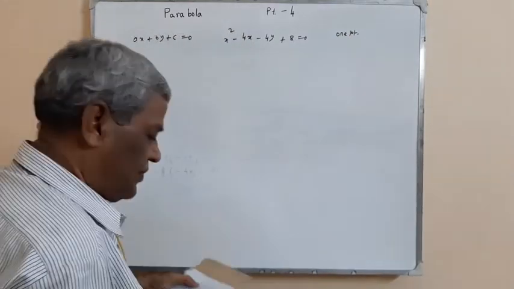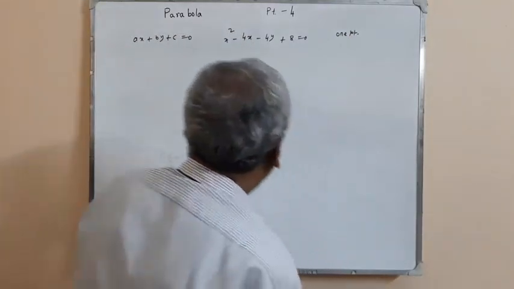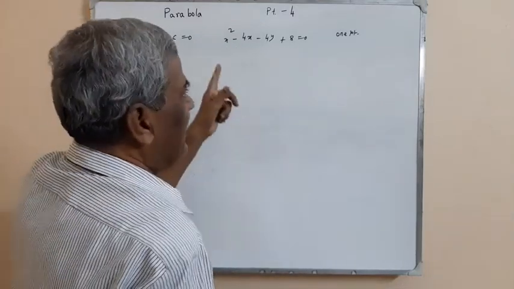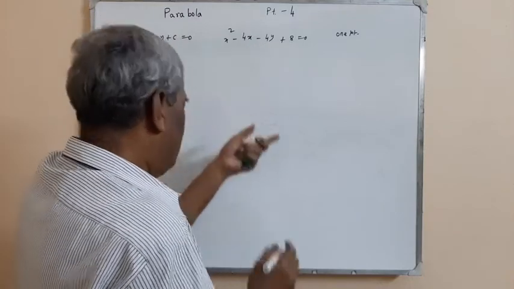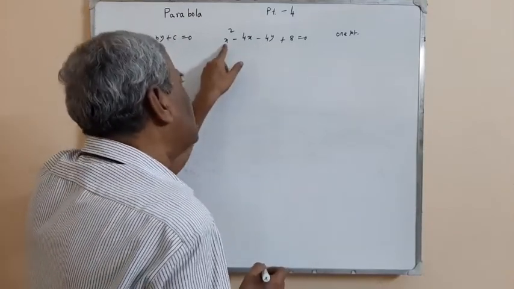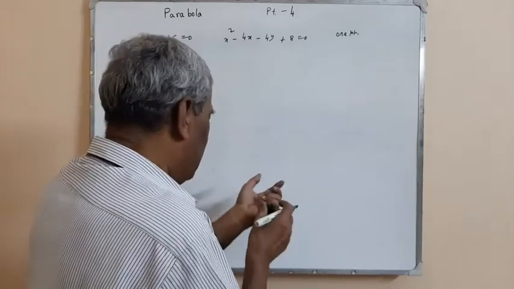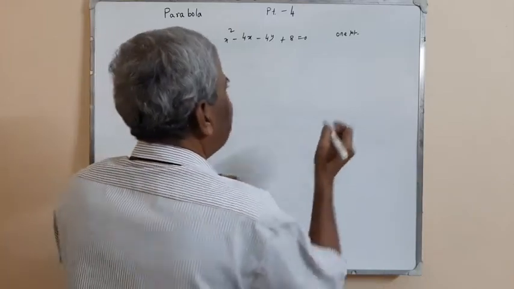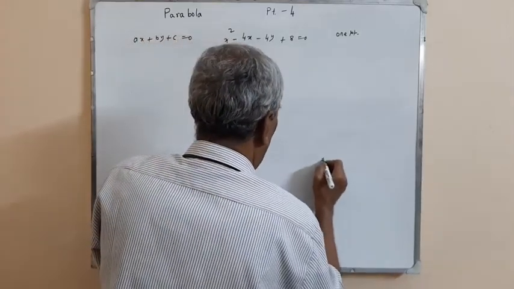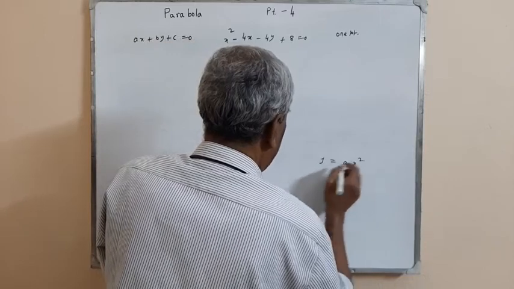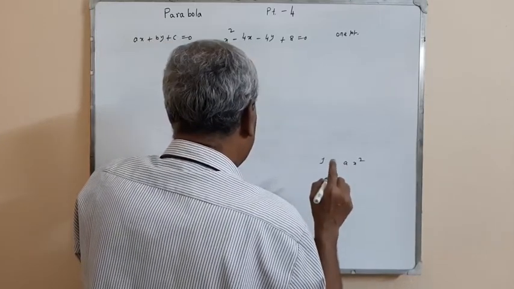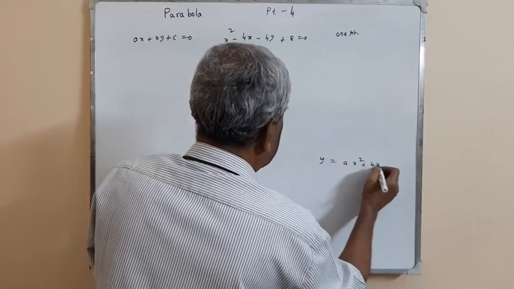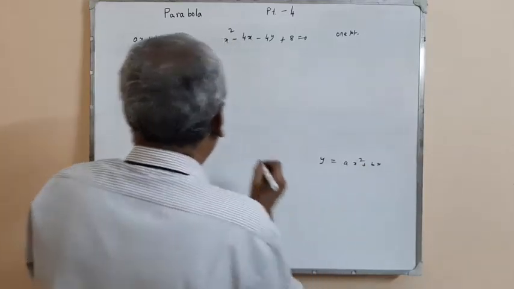So actually, what is given? One parabola is given, not in standard form. It has x square present, x present, and y, so it is of the type y is equal to x square plus bx plus c.